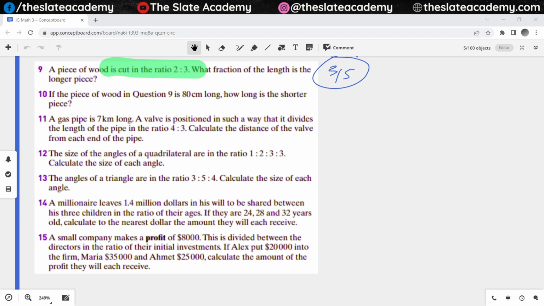Okay, quickly, question number 10. If the piece of wood in question 9 is 80 cm long, what's the length of the shorter? So 80 is the total length. The shorter, we know it is 2 out of 5.